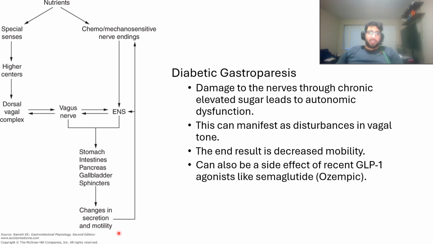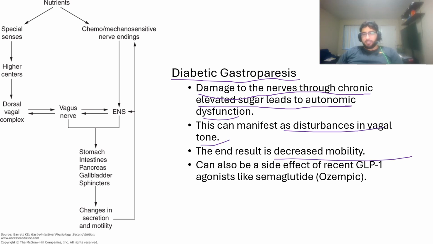That being said, motility can be affected, particularly in diabetic gastroparesis. So you get damage to the nerves, and a lot of nerves get damaged in diabetes. A lot of the autonomic nerves sustain damage. In this particular case, it's damage to the nerves related to these reflexes, due to elevated sugar levels, and you get disturbances in vagal tone, and you get decreased motility.